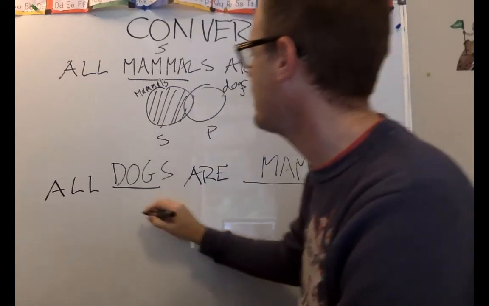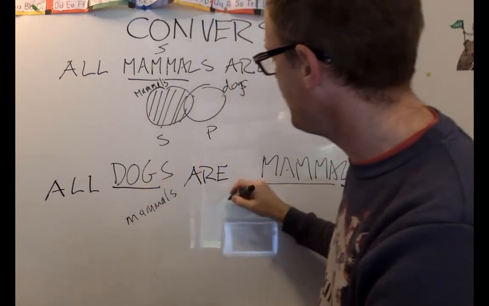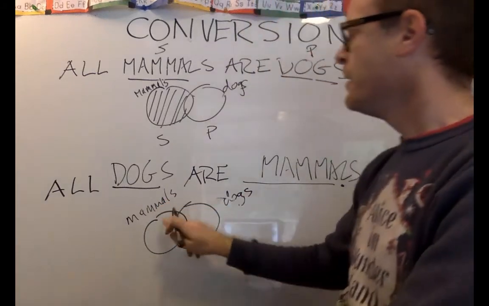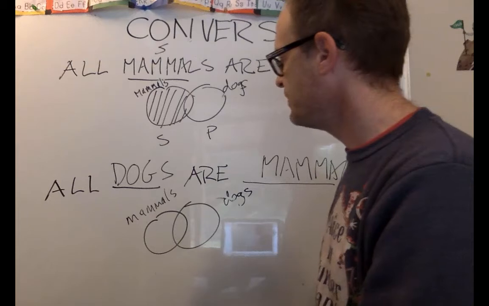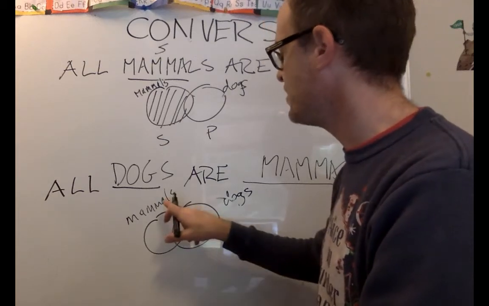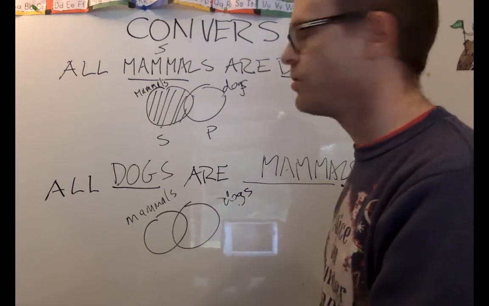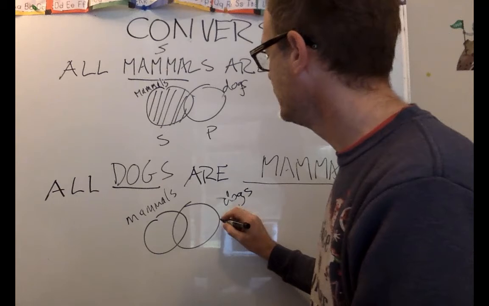Now, if I switch that around, remember, keep your circles the same so that you can compare the pictures. This is mammals, this is dogs. I'm saying all dogs are mammals. So anything that's a dog is a mammal.